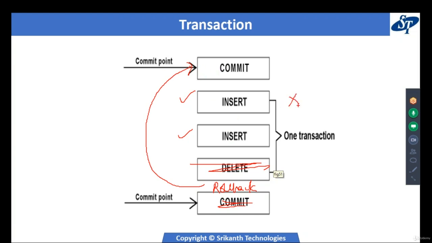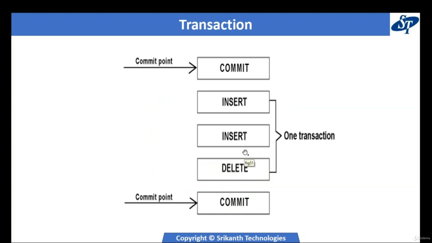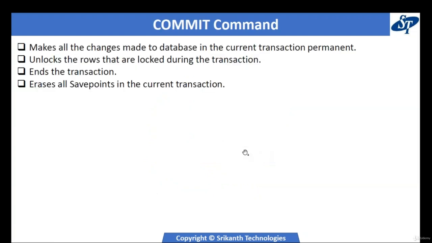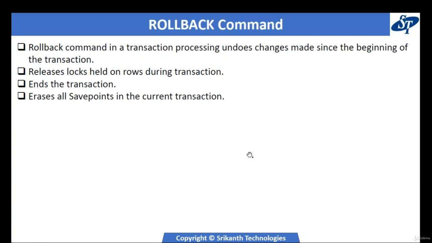That means this is undone, this is undone. Well, it's your choice. You as a programmer should know which changes are to be undone, whether to be undone or not. But this is the concept I want you to remember. So that's about commit, to make changes permanent, and rollback to undo the changes.